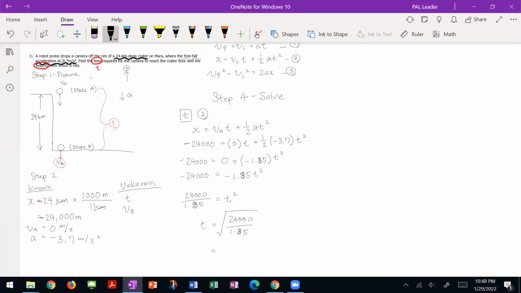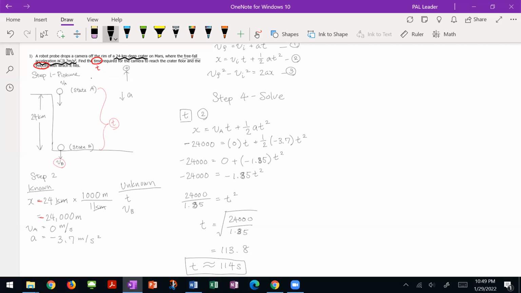So if you put that into the calculator, it'd be something like 113.8. The answer said 114, so I'm assuming we're just going to round that up. And that is our time of how long it took for our camera to go from state A to state B.